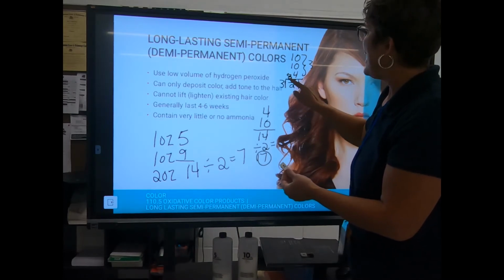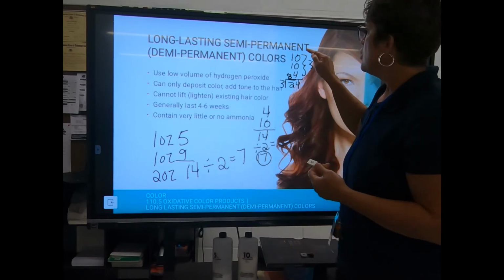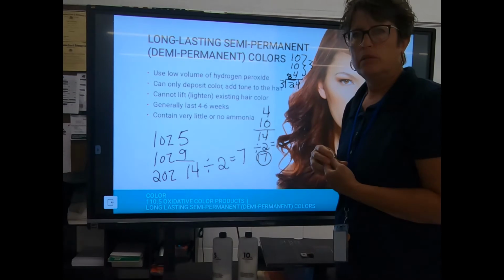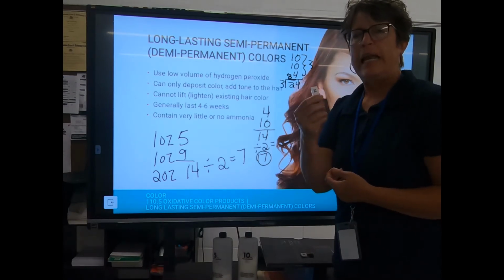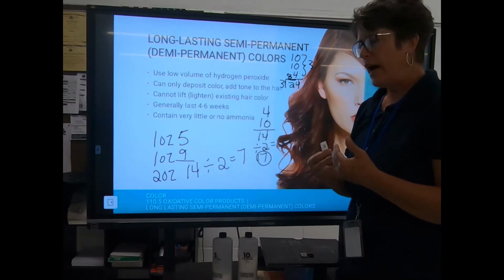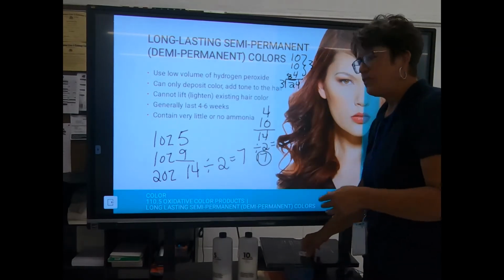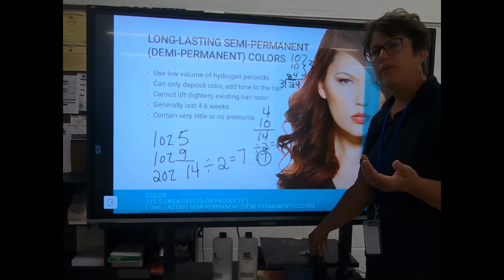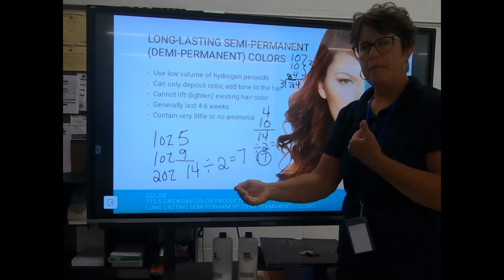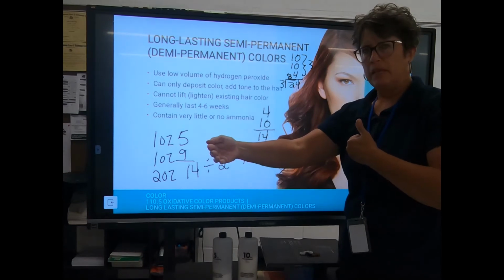So if I mix 2 ounces of 10 and 1 ounce of 4, I have created an 8. So it's just simple math and then dividing to create what you have. So again, they're not going to have all these colors in demi-permanent, but you can create them by mixing things.